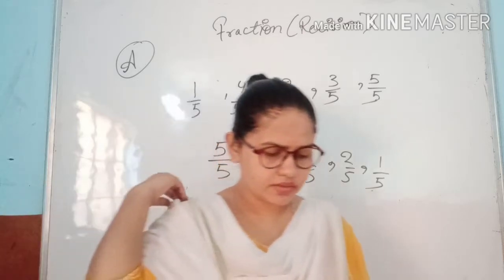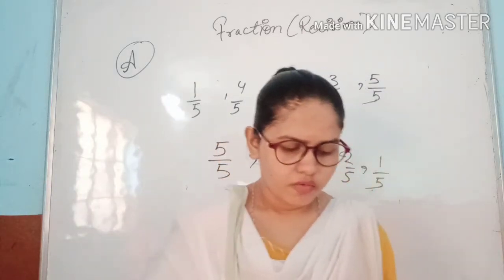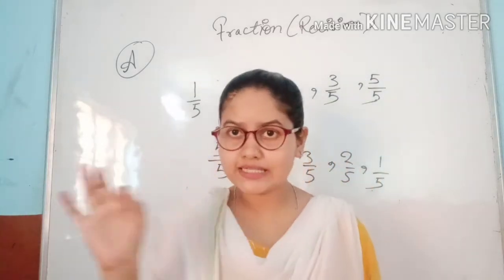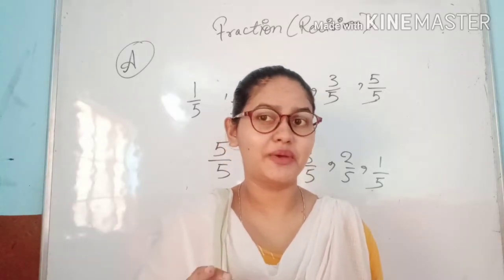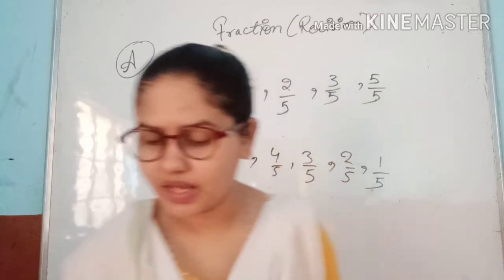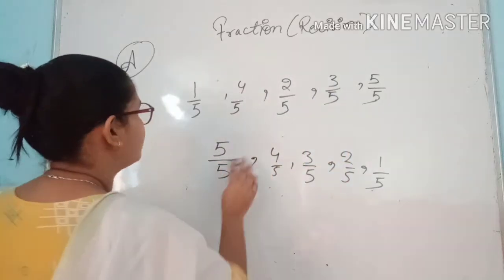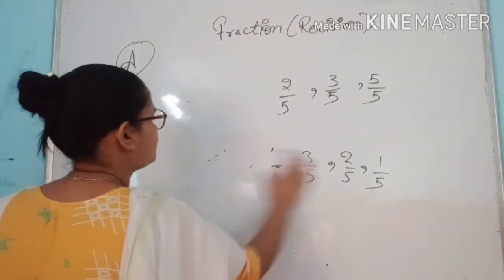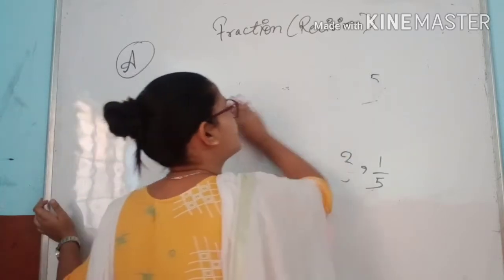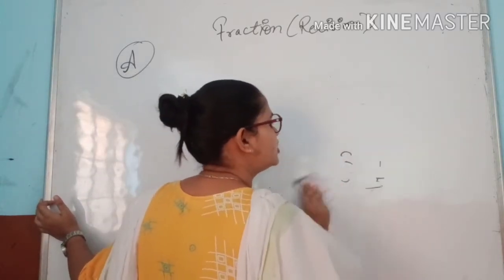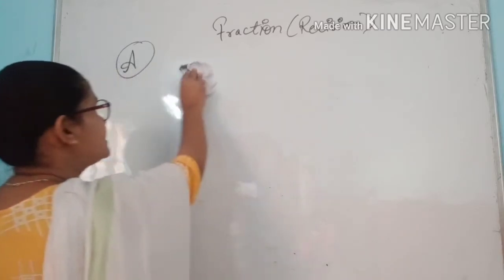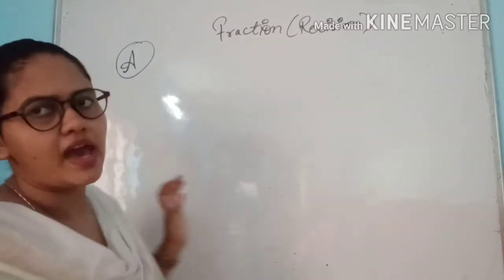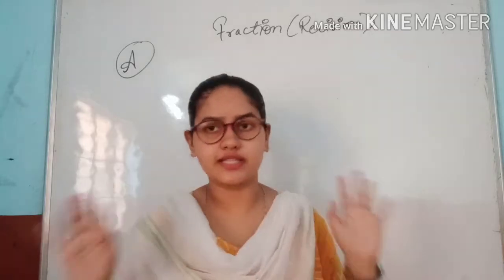Students, we can see here that the numerators are the same but the denominators are different. We know that when the denominators are the same and numerators are different, we simply follow the descending or ascending rule.